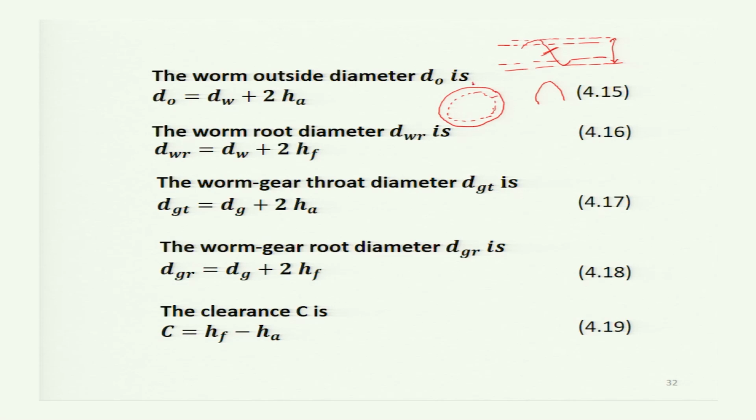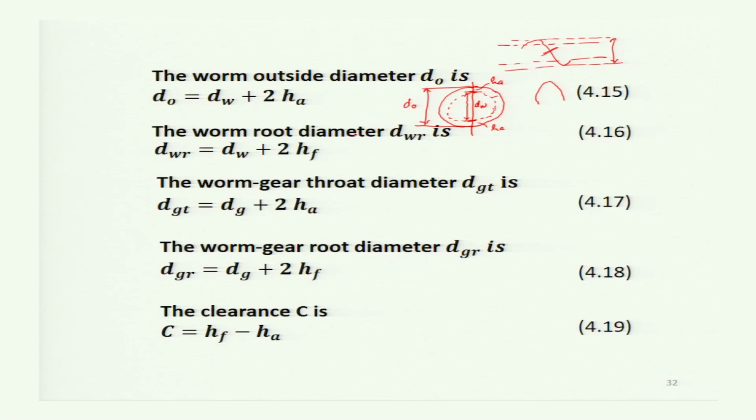So this small length is HA, and this small length is also HA. So DW, which is the pitch circle diameter of the worm, this way, this is DW. So DW plus 2HA will be the DO, the outside diameter of the worm. This is the outside diameter of the worm, DO.